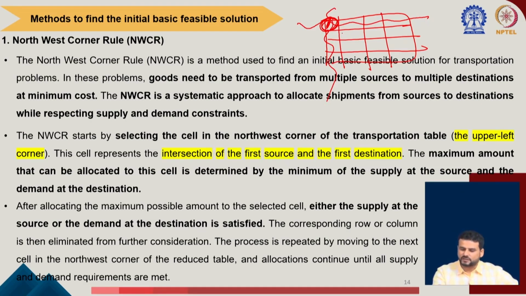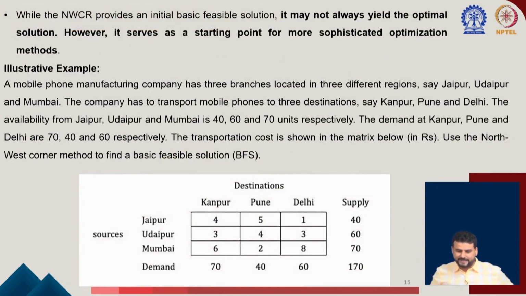If we strike this, then in the remaining matrix, the next northwest corner will be this one. So we will keep on doing this and keep on allocating the number of units, right? This is just the algorithm you can go through, but I will start solving the problem and give you a clear idea on that.